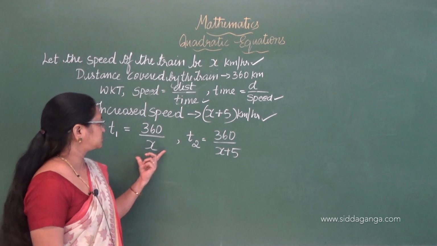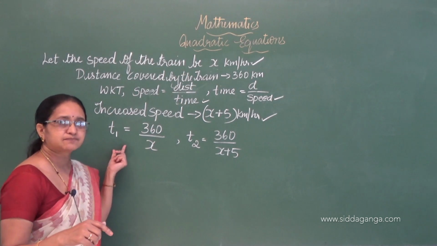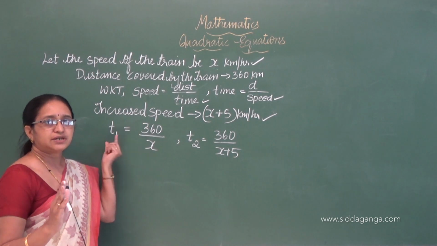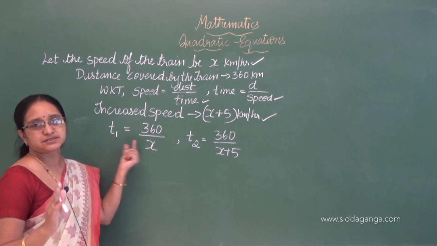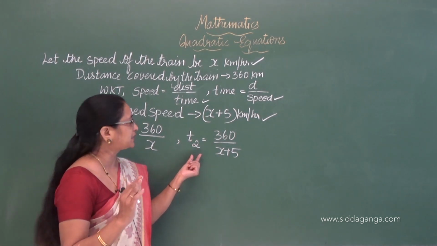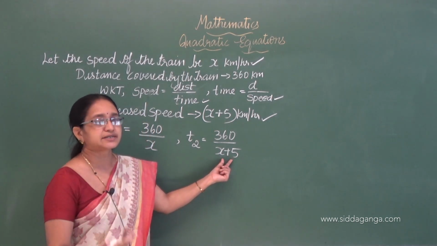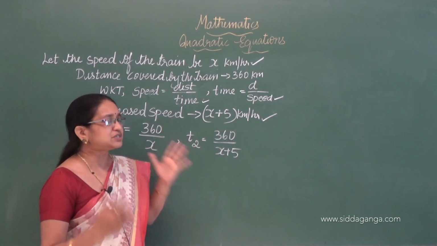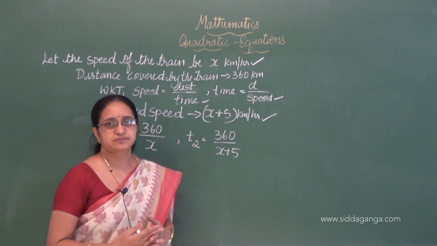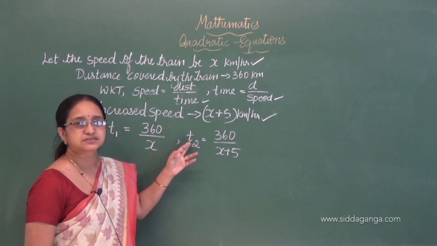I hope these two equations are clear. Time T1 is the time taken by the train when the speed is x, and T2 is the time taken when the speed is x plus 5, that is, the speed is increased by 5. Which time is less and which is greater, you should think. The speed is increased, so definitely the time T2 will decrease.